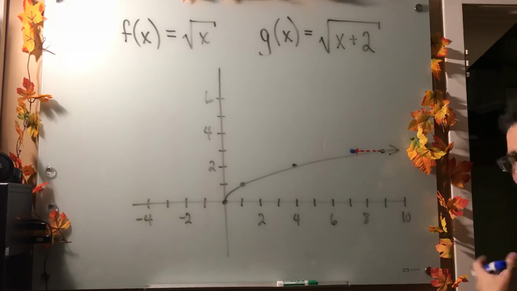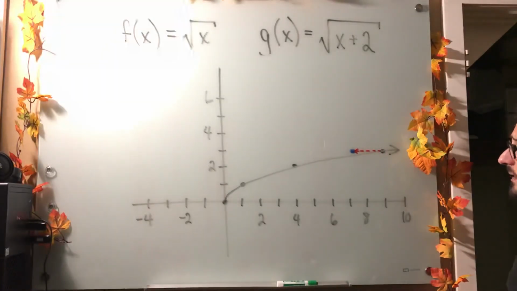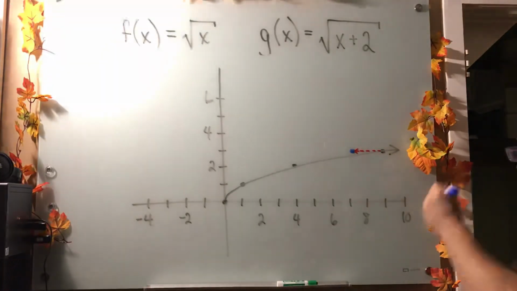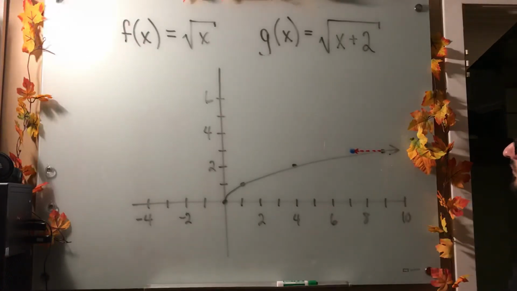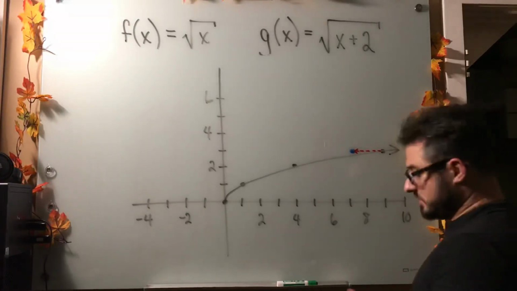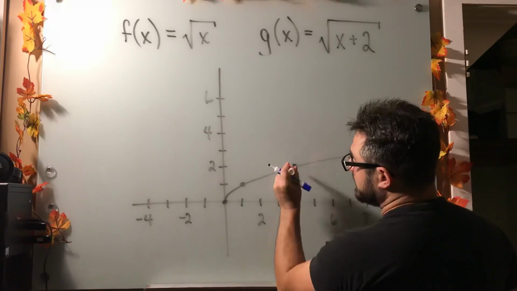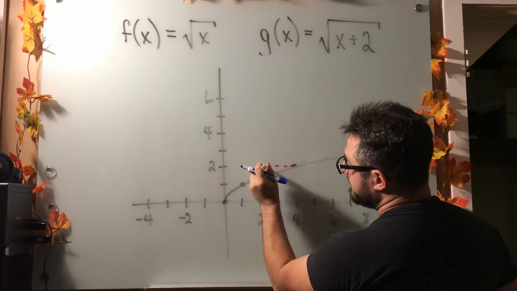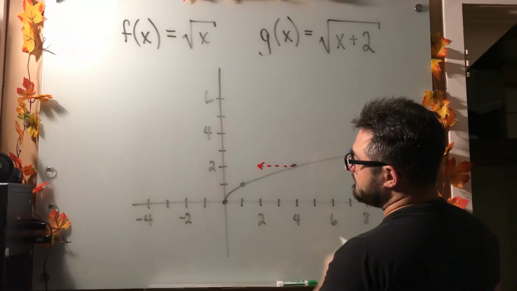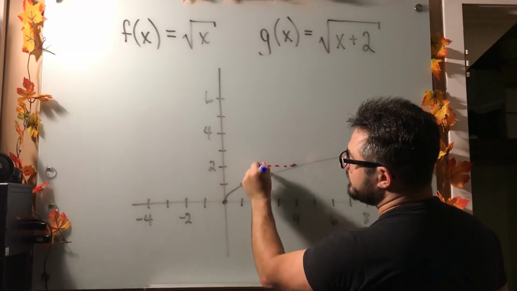And while we're not graphing the other one, we had the same situation, where the x value was 2 spaces to the left of what it was originally. So if we do that with other points on here, we can produce the rest of the graph.